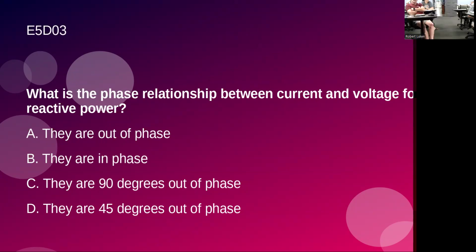Well, based on the question, if C or D was correct, then A would also be correct, so it would have to be B, just by the way the question is worded.